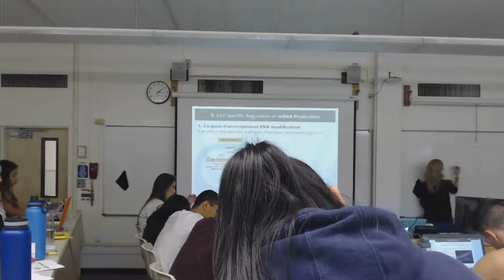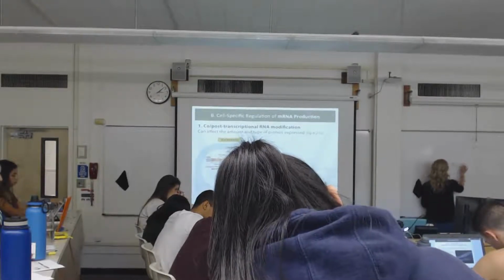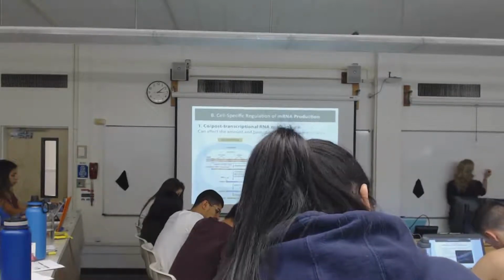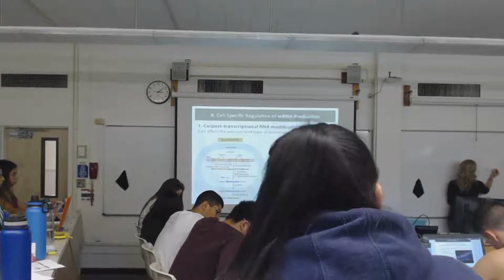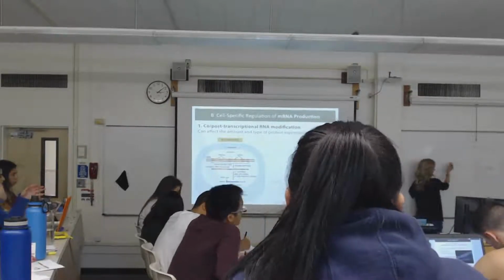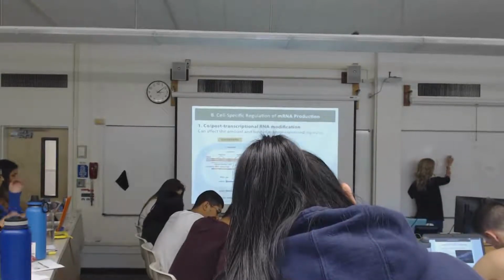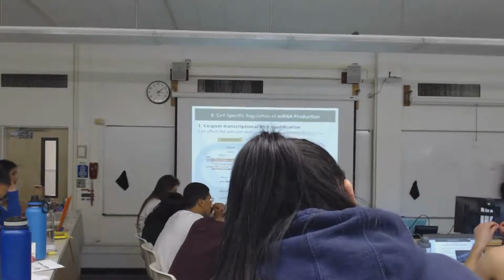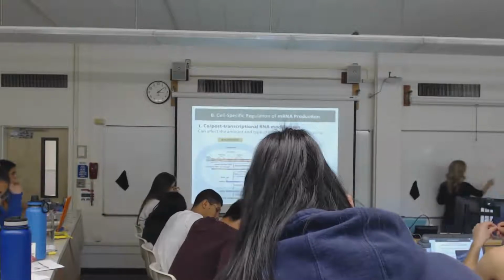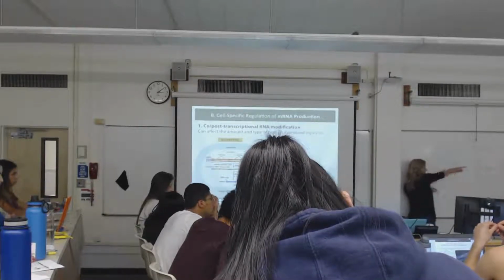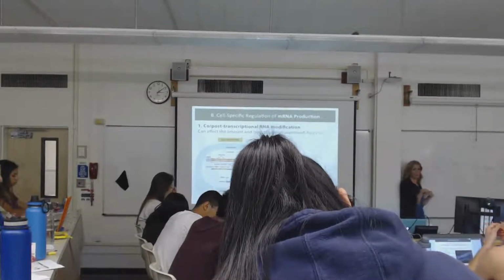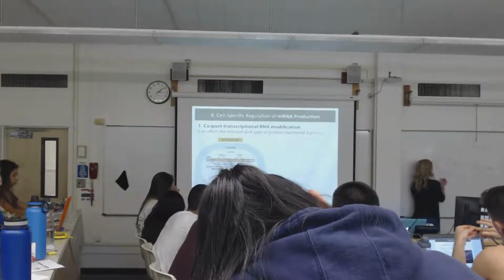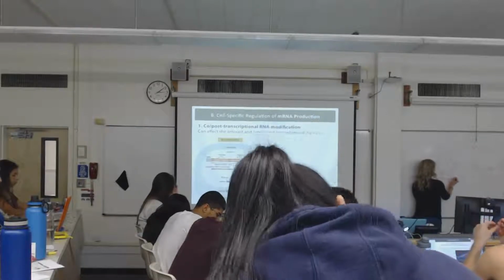So if we have our RNA 5' to 3', and we'll call this our RNA, there are exonucleases that will chew from the outside in. This one, because it's chewing in the 5' to 3' direction, is called a 5' to 3' exonuclease.